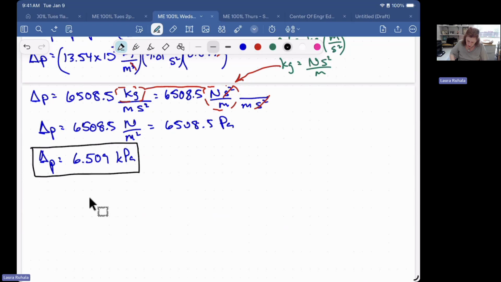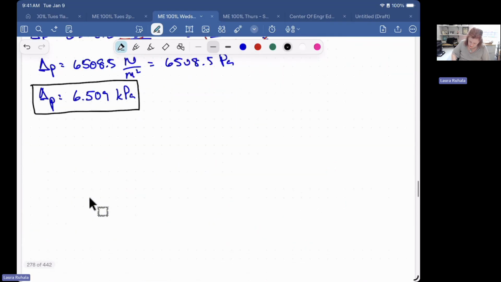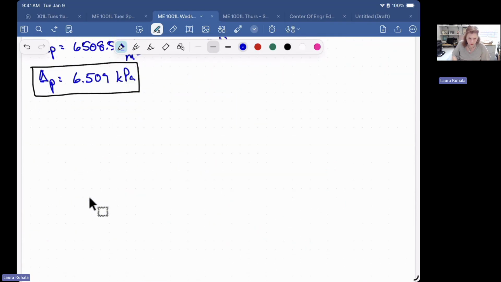But it also wants it in terms of PSI, so practice with this. So convert to PSI. You really can't get enough practice with this.